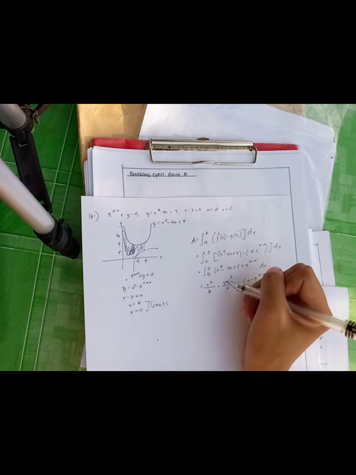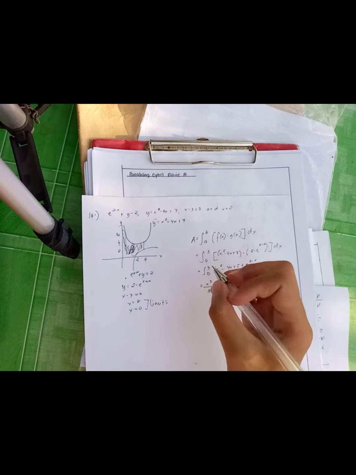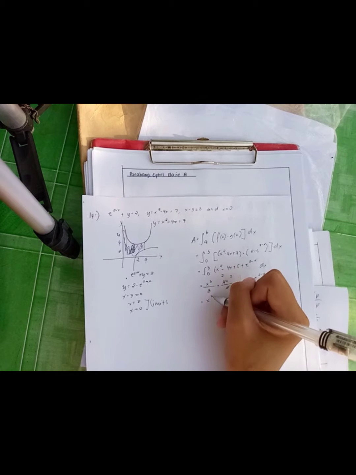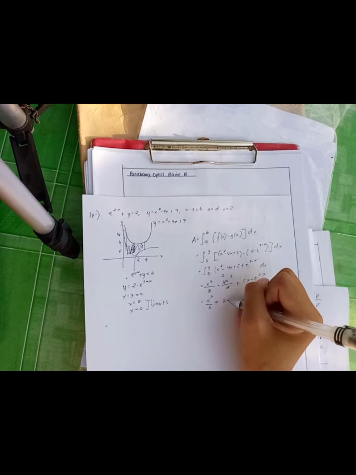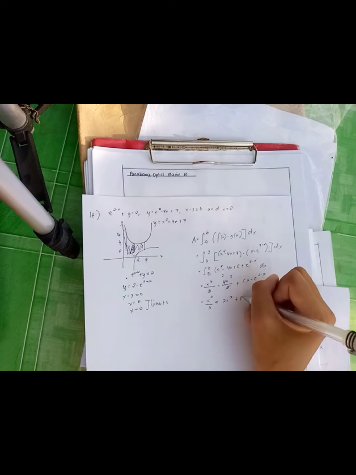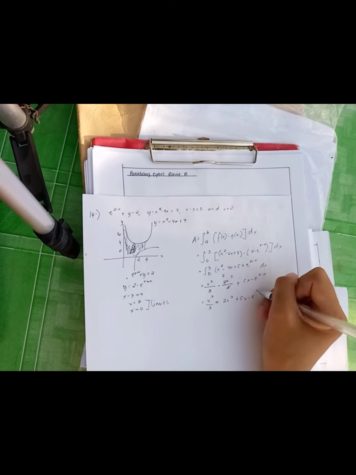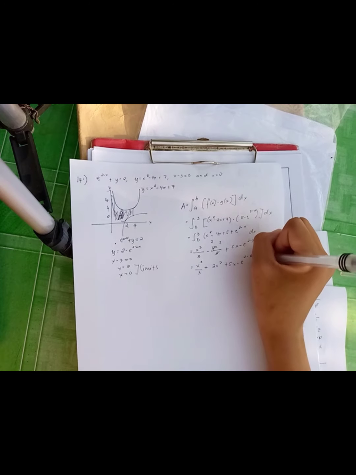So let's cancel to and ito, so magiging 2, and then x third over 3 minus 2x, ito yun, 2x squared plus 5x minus e 2 minus e raised to 2 minus x.